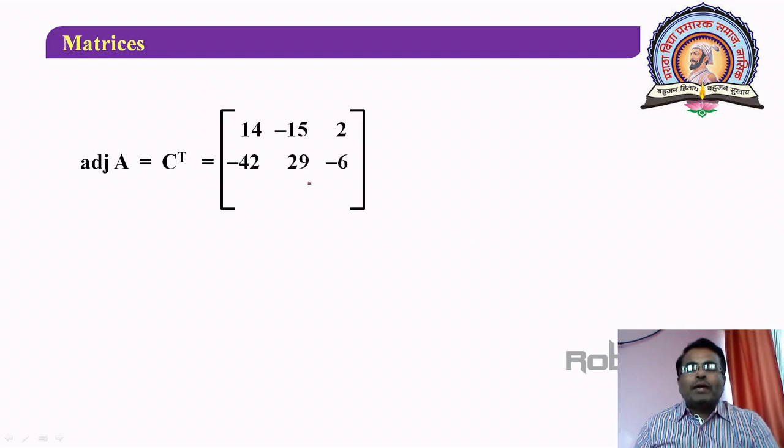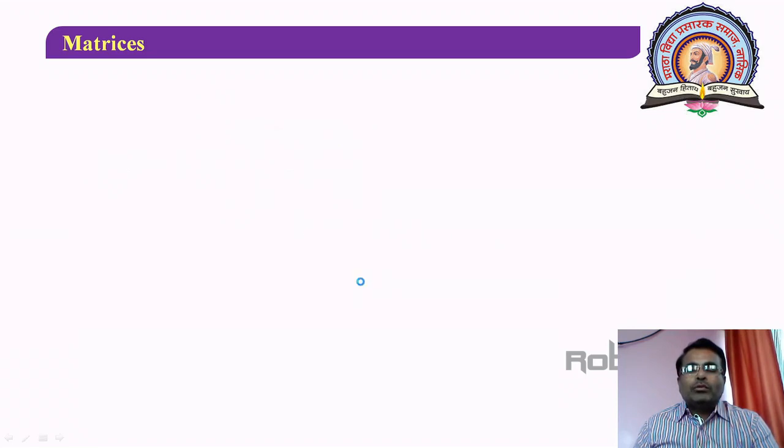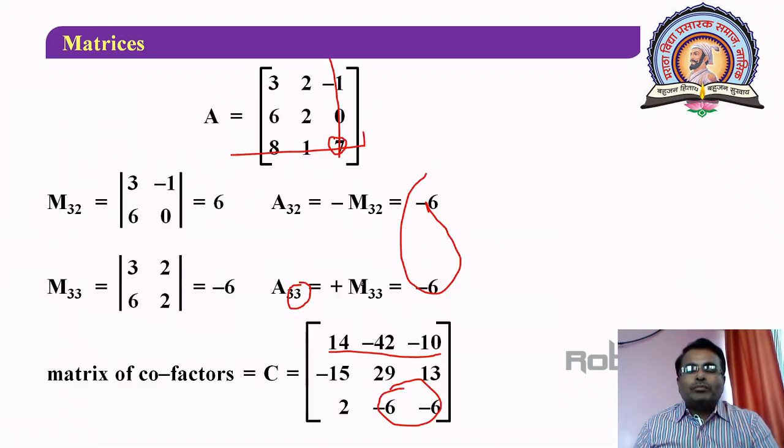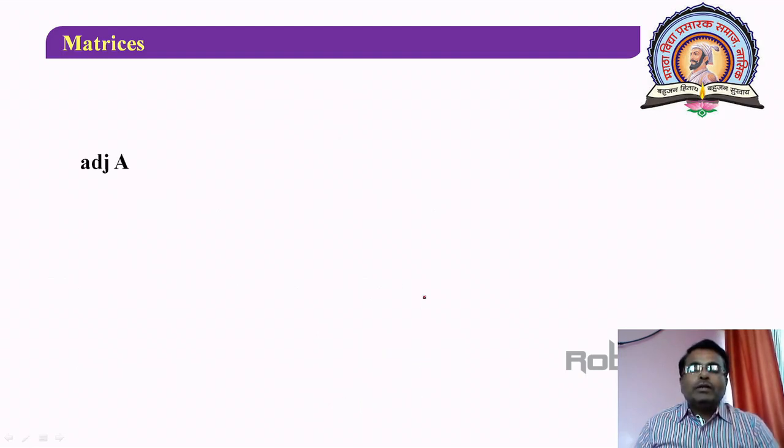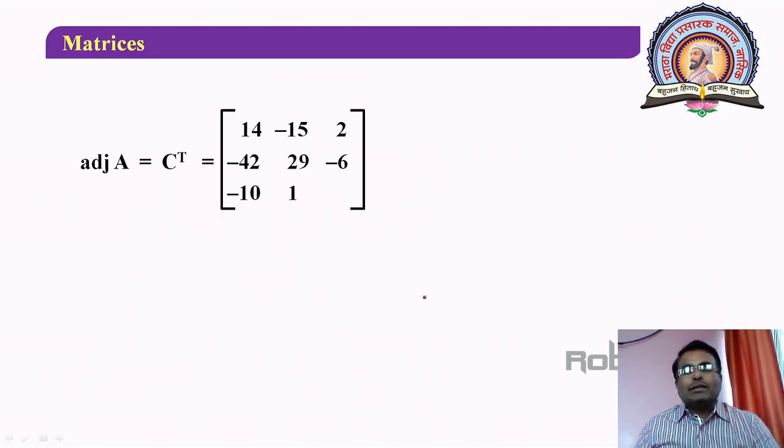You observe that 14 minus 15, 2 was your first column, and this first column appears as the first row. The second column appears as the second row, and the third column appears as the third row in the transpose. So that's why the adjoint of the matrix, the cofactor transpose, is like this.